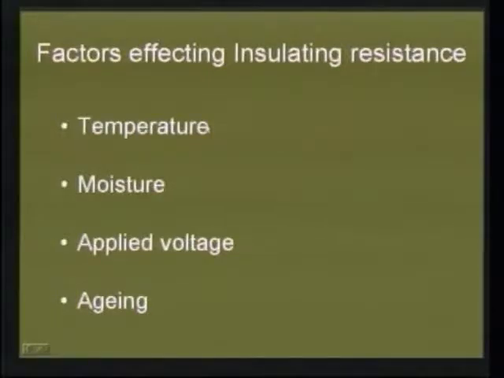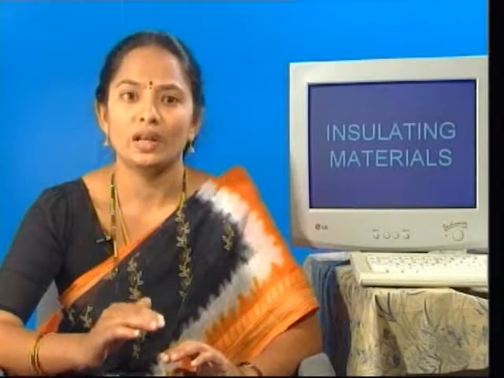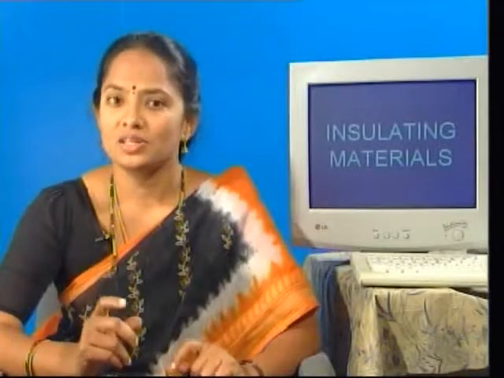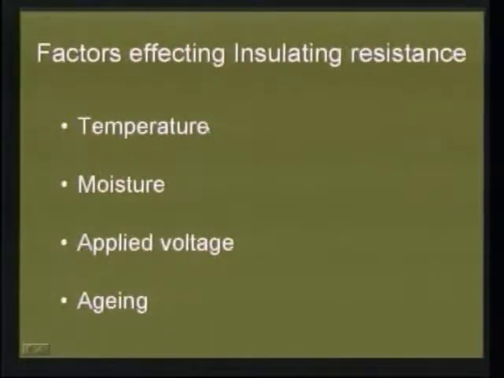Moisture decreases the surface resistance and causes insulation breakdown when insulators are exposed to moisture. The next factor is applied voltage. The insulation resistance varies with the change in applied voltage above a certain potential. The other factor is aging.